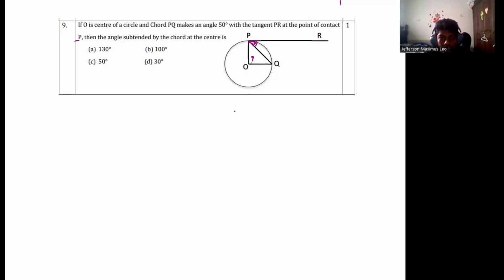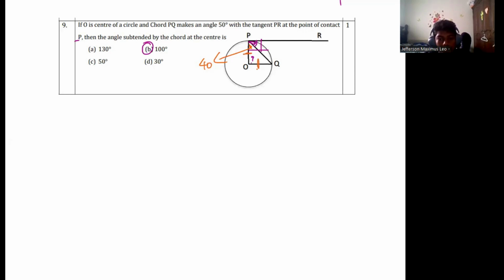Angle OPQ is equal to 40 degrees, so angle OQP will also be 40. So it will be 80 degrees. Since the tangent always makes 90 degrees to the radius, this angle is 90 minus 50, which is 40.